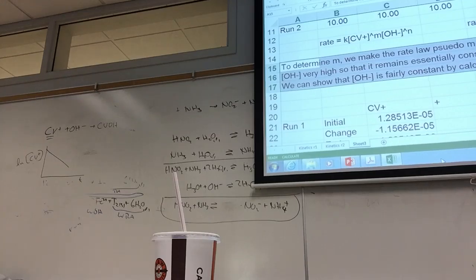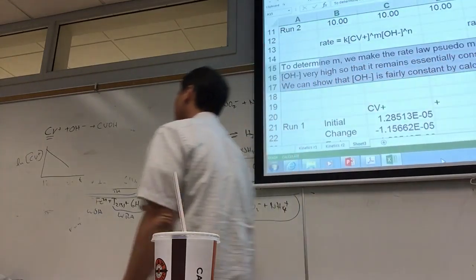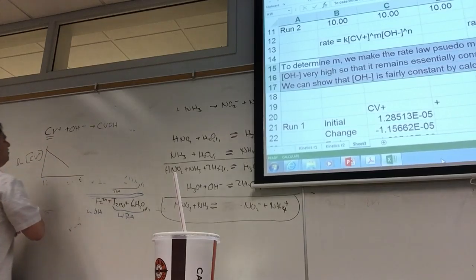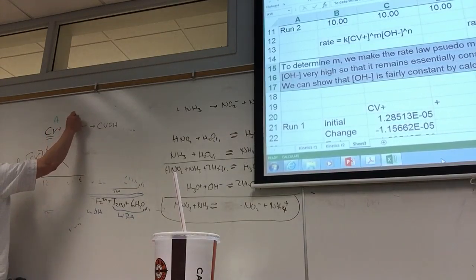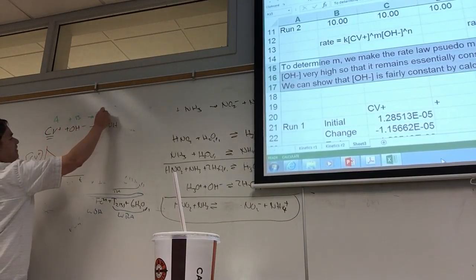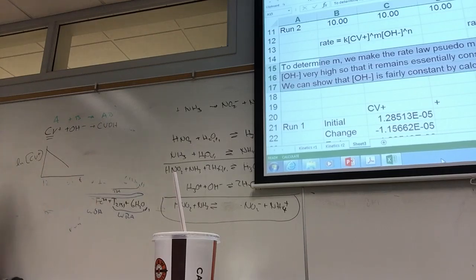And so this is the exact same thing, except I didn't use CV and hydroxide, I just used A plus B. A plus B yields AB, or product. If I didn't make hydroxide concentration very high, then both change.